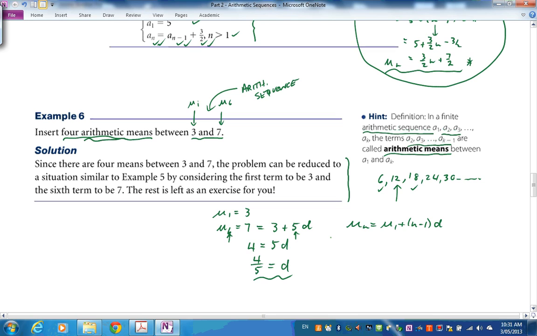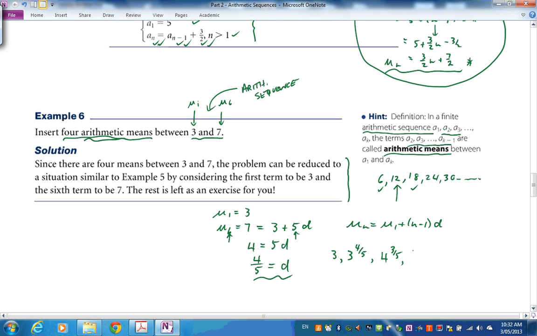So let's try and generate the means in between the arithmetic sequence terms between. First one is 3, next one is just using recursion idea, common difference idea, 3 and 4/5. Adding another 4/5 will be 4 and 8/5, so it's 4 and 3/5.